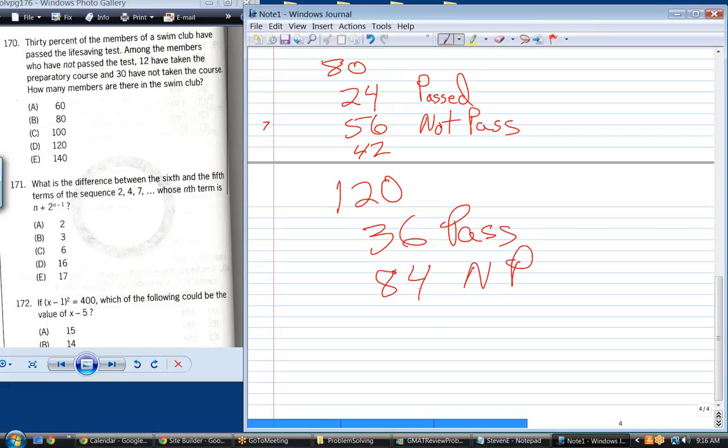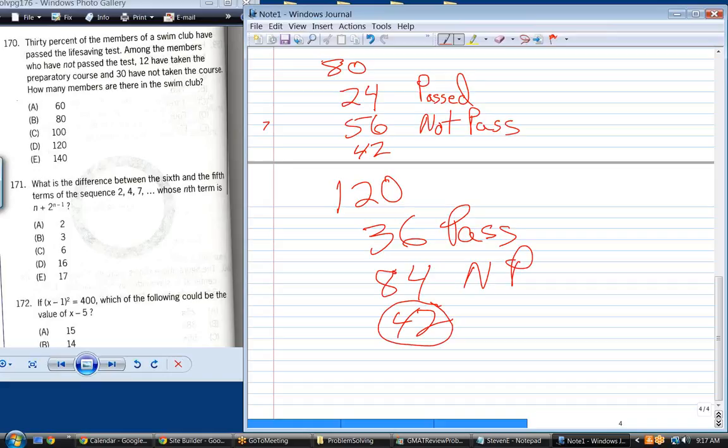Which means that among the members who have not passed, 12 have taken the preparatory course and 30 have not. So that's 42. It doesn't add up either. Which tells us what? Not only is it not the correct answer, but it tells us we went the wrong direction. Oh, we were supposed to go down. That's okay. We just figured it out and we know the answer.